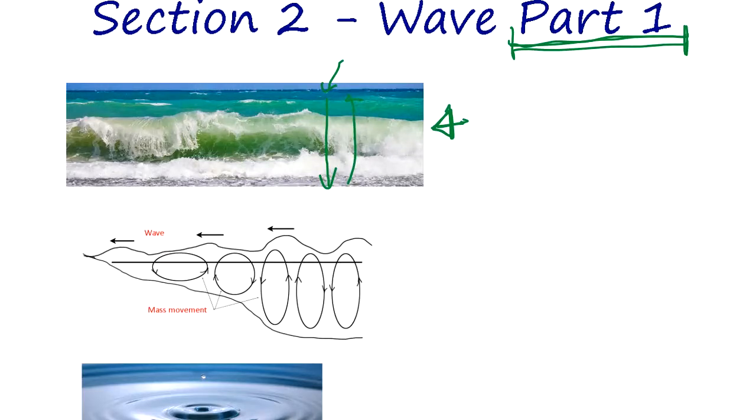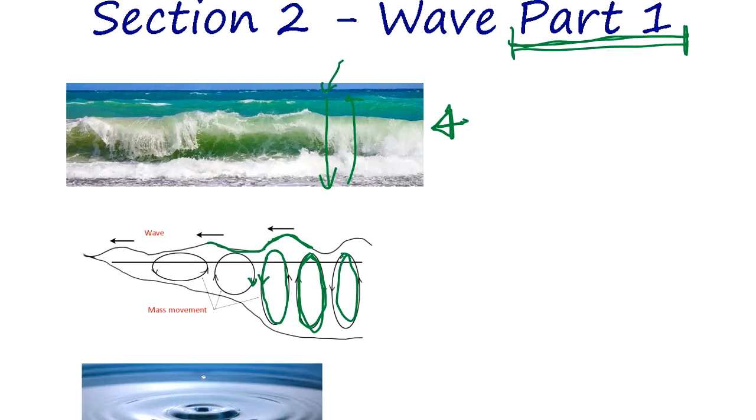Well, actually, if you look at the wave underneath, the water is moving like this, the other way around. So when water moves up, this part swells up, and when water moves down, this part is going to be the valley of the wave.